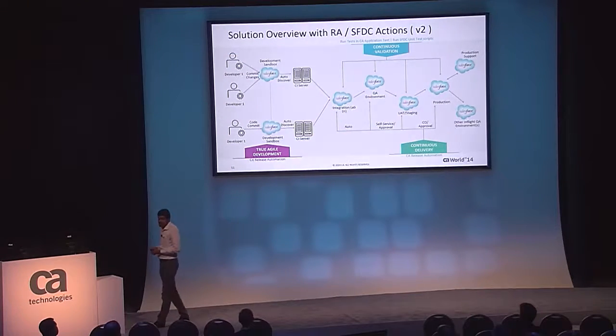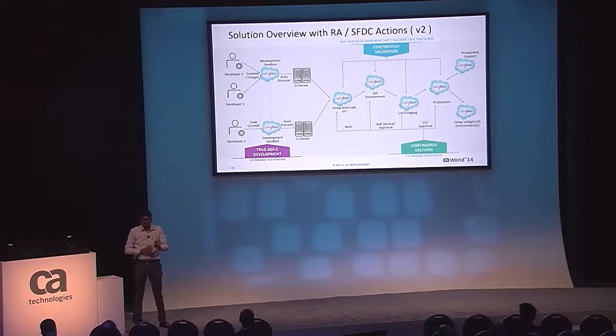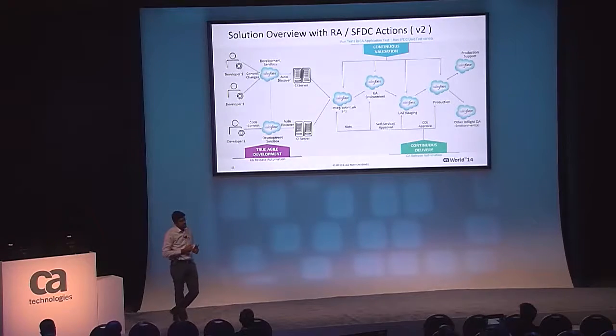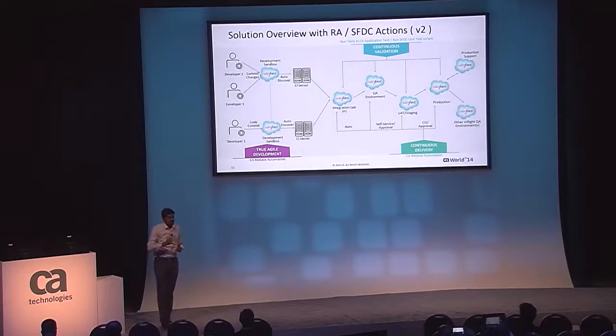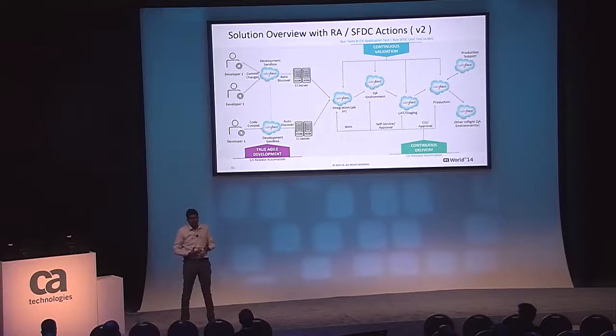Okay, so using these actions, what we did was we changed the solution which we had first, right? If you really look at the solution here, the only change is that things are going to be automatically discovered. We really don't have a Subversion process where people are manually bringing in their changes and checking them into Subversion.